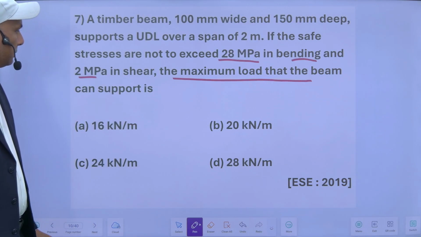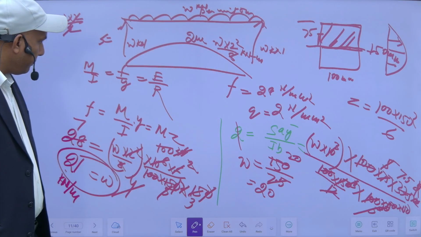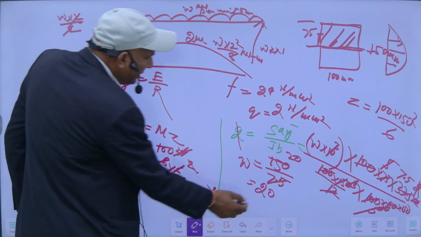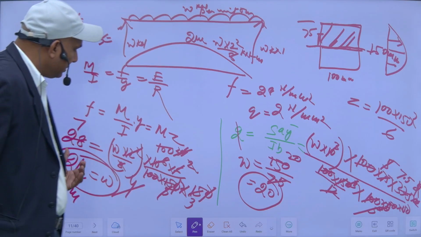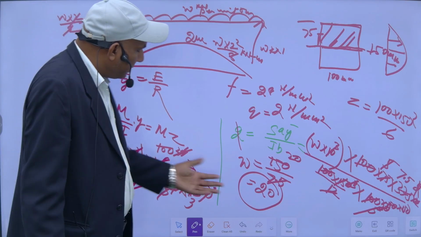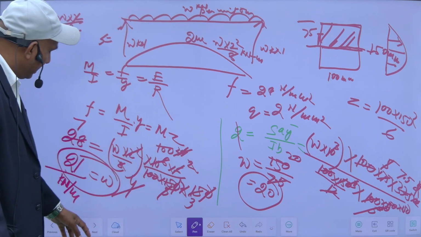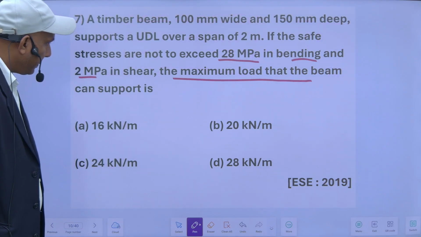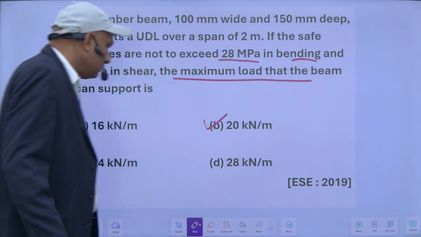From shear criteria it is 20, and from bending it is 21. So the lesser of the two is 20 kilonewton. So the safe load is 20 kilonewton per meter. It means this B is the right option.